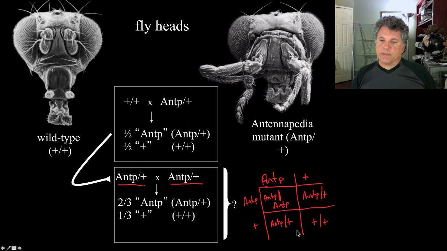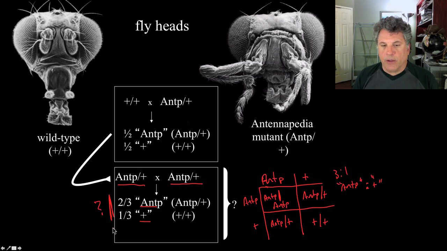That is what we would have expected from everything we've considered thus far from Mendelian genetics: a 3-to-1 ratio of Antennapedia flies to wild-type flies. But what we got is a 2-to-1 ratio of Antennapedia flies to wild-type flies. Can you think of what might cause this aberrant ratio? Does this contradict Mendel? No, it doesn't.